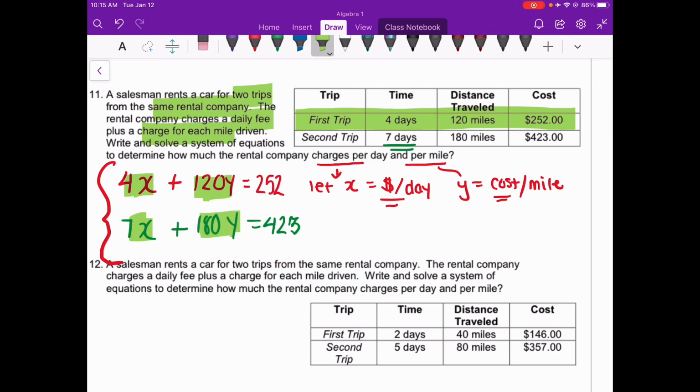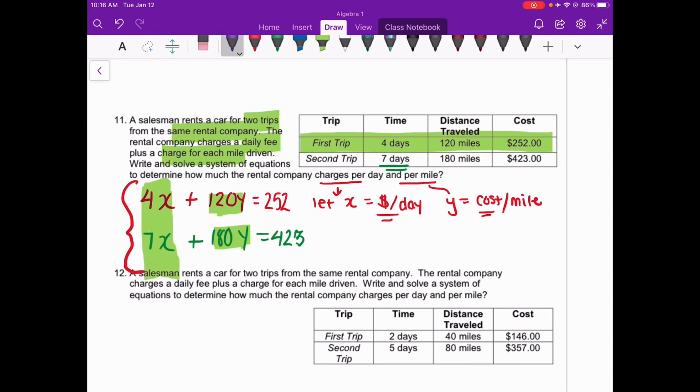You can choose substitution if you're more comfortable with that, or we can solve this with elimination. I'm going to walk you guys through the elimination for this problem because we're going to have to change both equations.